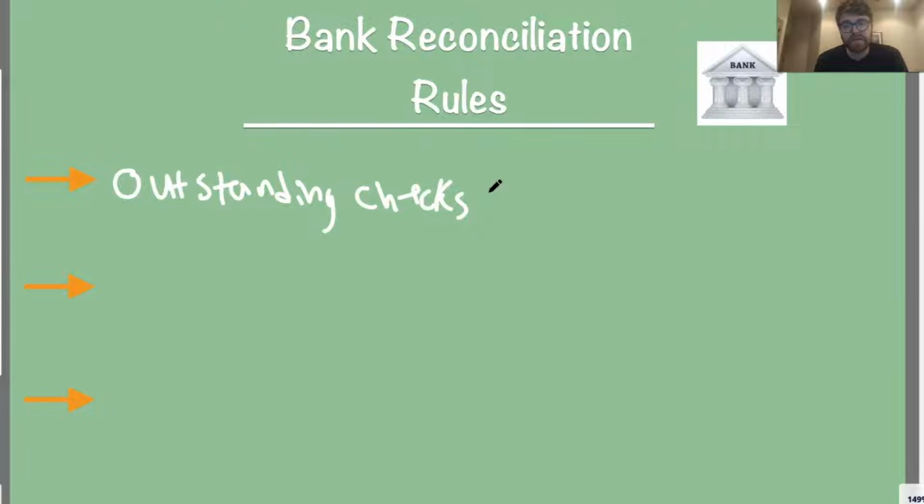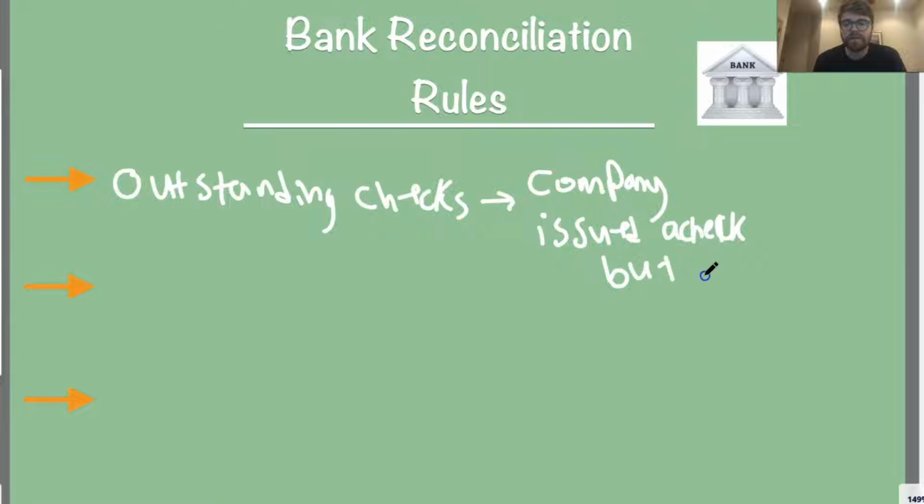So basically, a good way to put it here is that the company issued a check, but the bank never got it. So that's kind of the deal. The bank just never got the memo. They're like, "I didn't know you issued a check."